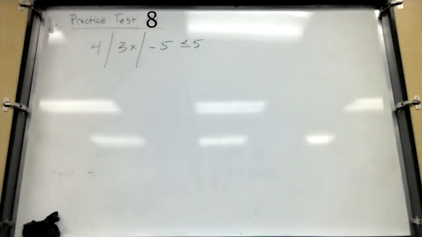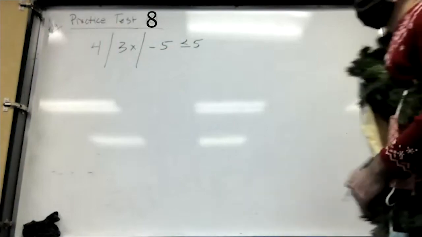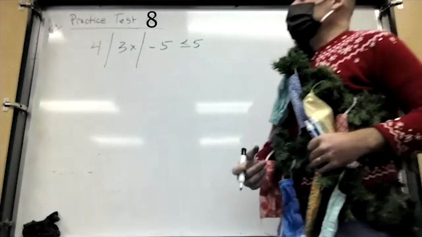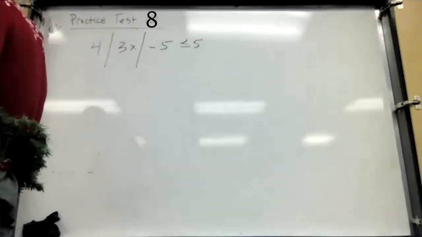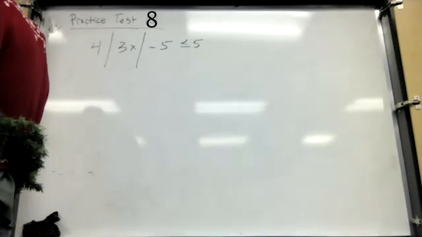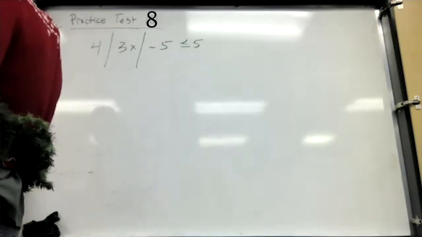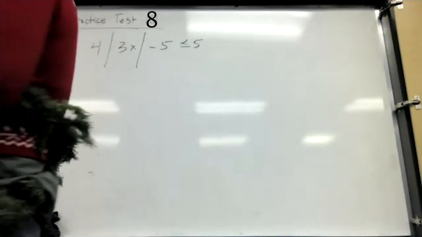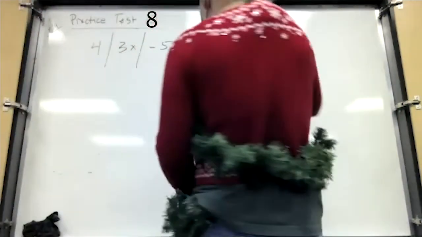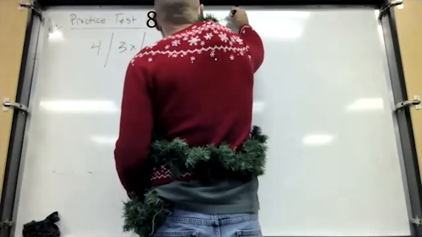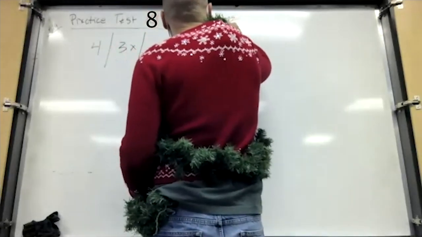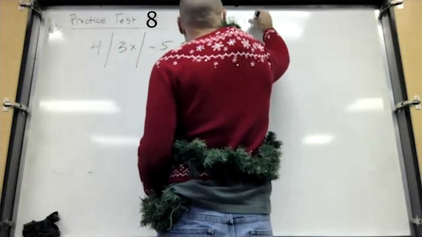We still have to get our variable by itself, but in absolute value equations, step 1 is to get the absolute value cage by itself.